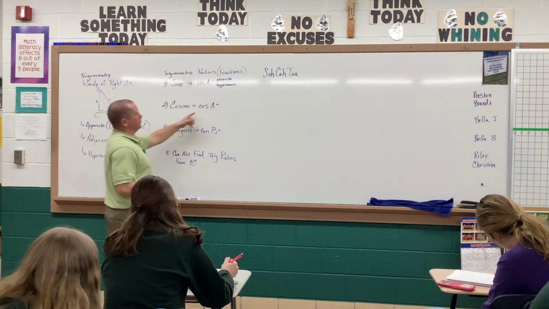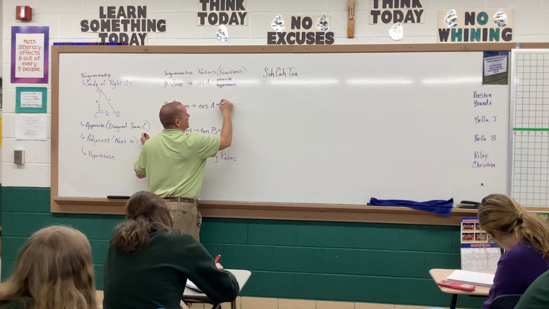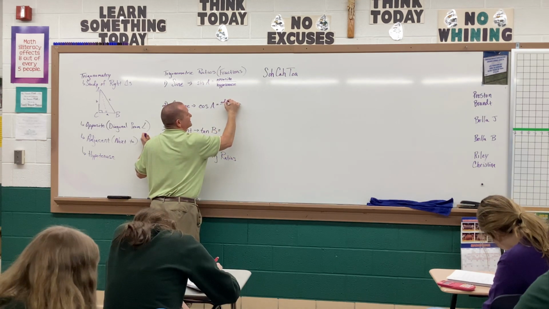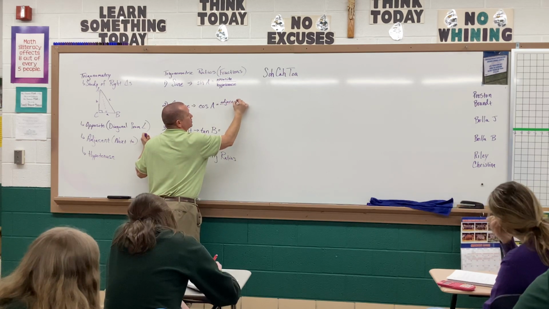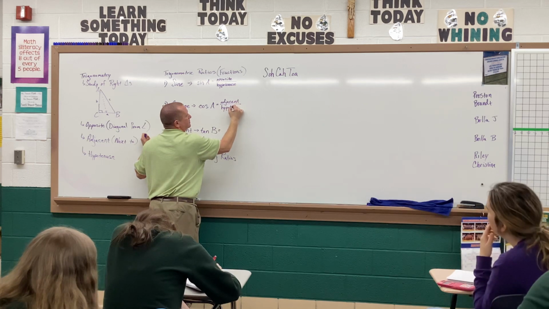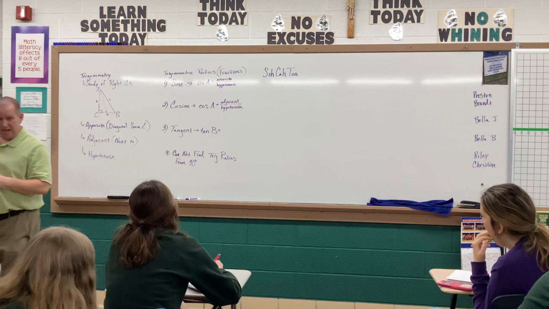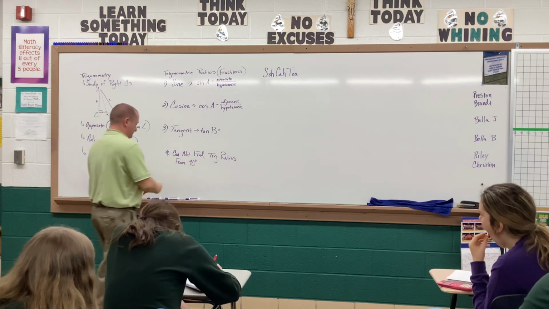So, what's cosine? The adjacent side. And again, we're always talking about sides, so the sides should give you lengths. So it's the adjacent over the hypotenuse. And then finally, the tangent is what?